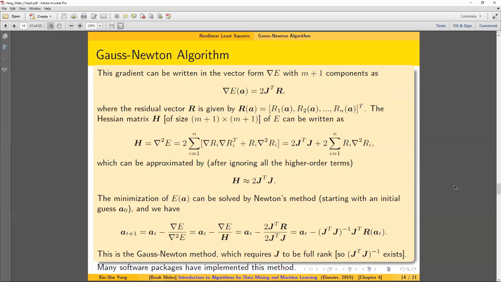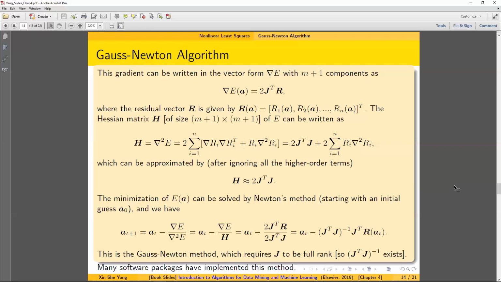So in other words, we use the Jacobian matrix to represent the gradient that we just calculated, where the residual vector r is given by r_1(a), r_2(a), etc. And the Hessian matrix H of size n plus 1 times n plus 1 of E can be written as the original Hessian matrix.